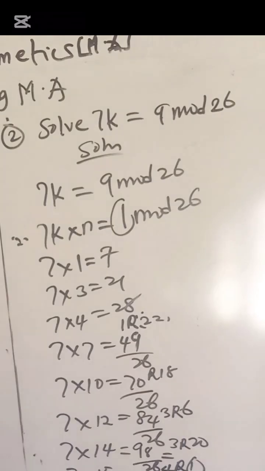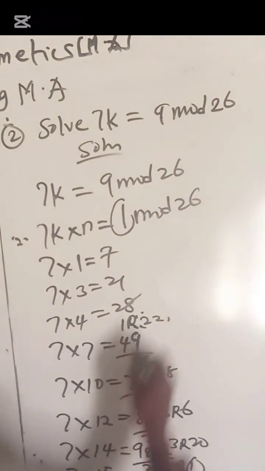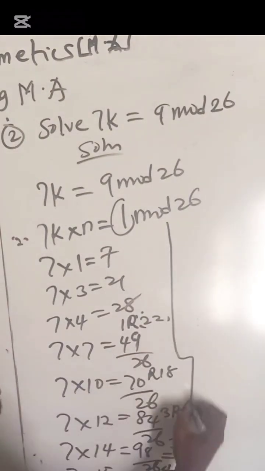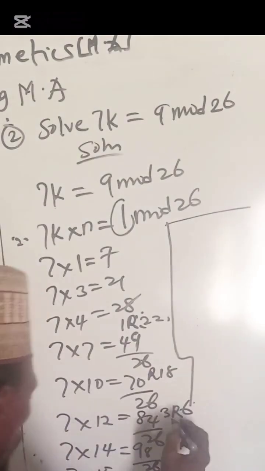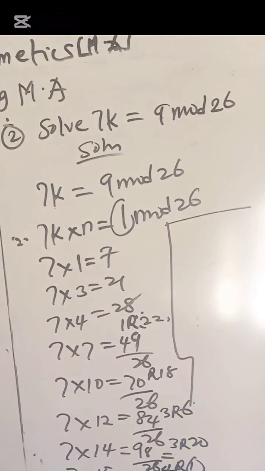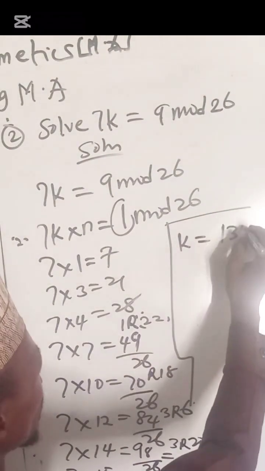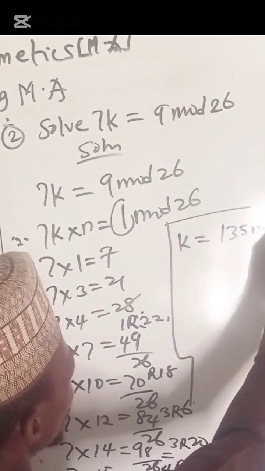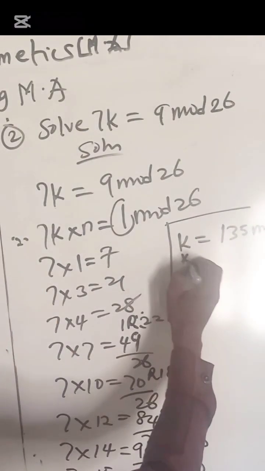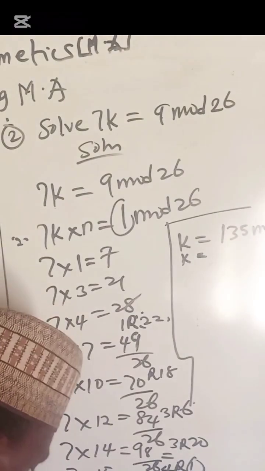So you have 7k times 15, which is equal to 9 times 15 mod 26. Now 9 times 15 is 135. Since 15 is the inverse of 7, we cancel this. You have k is equal to 135 mod 26.